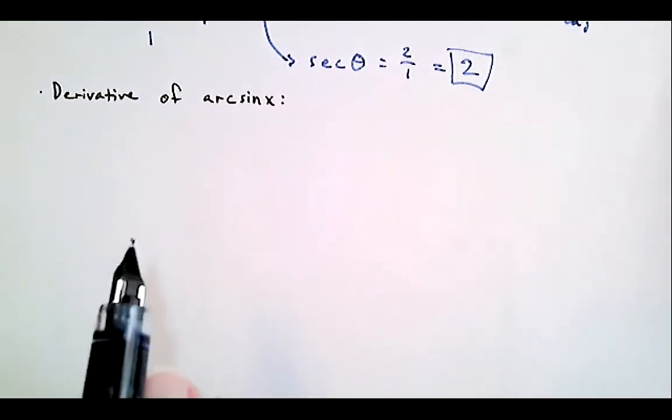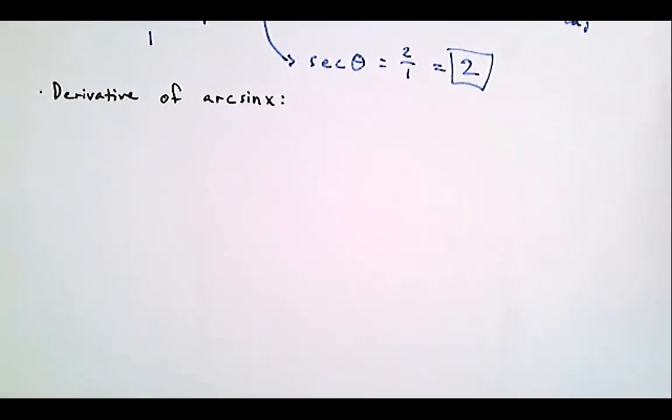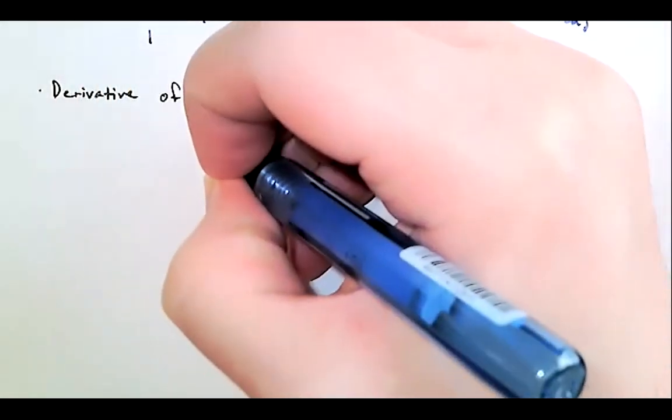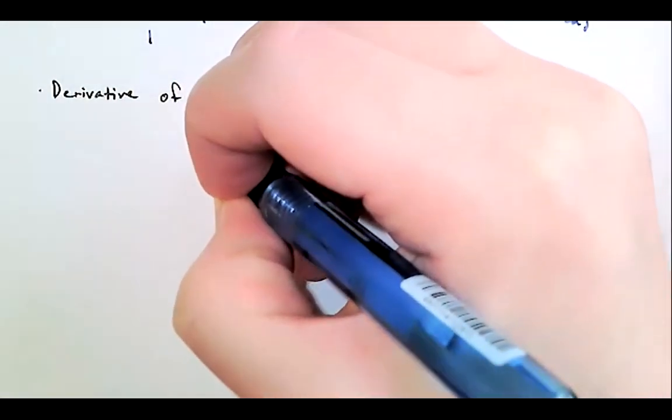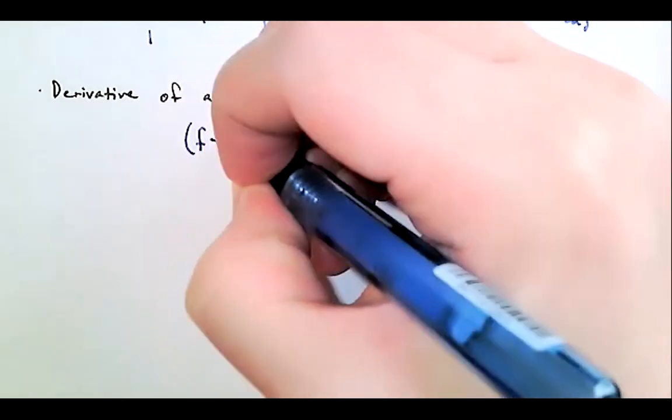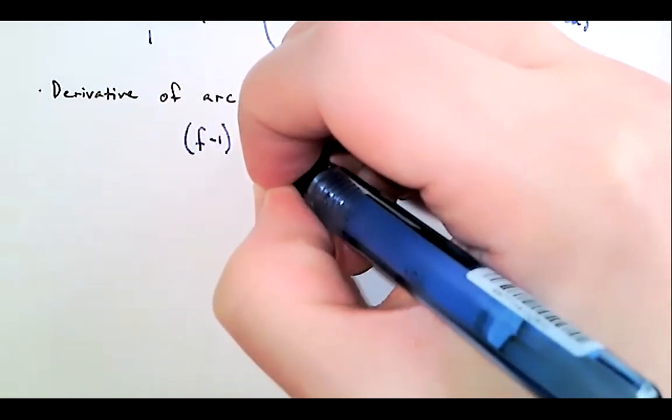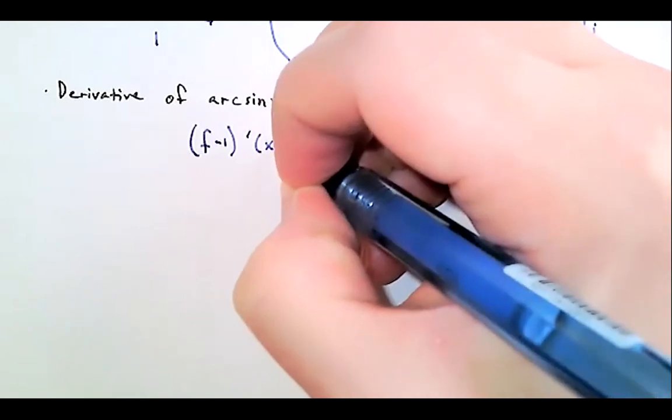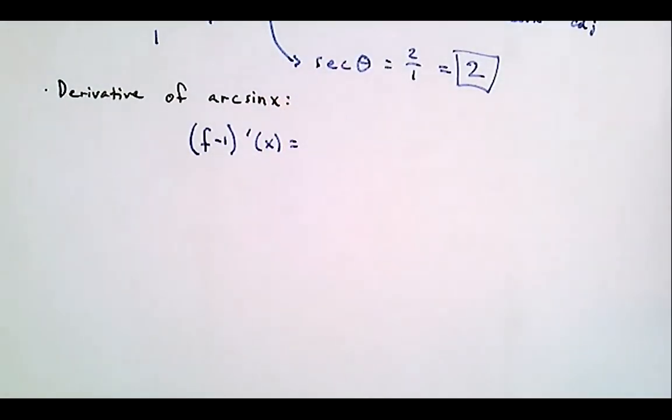And in order to do this, we have to think back to section 7.1 again, like we were earlier when we were talking about one-to-one functions. We know that there's a formula for the derivative of an inverse. Let me remind you what that was. We haven't had to use it a lot since then.